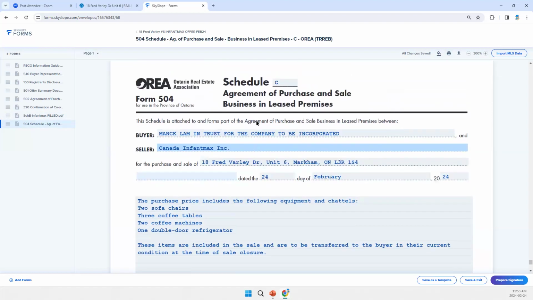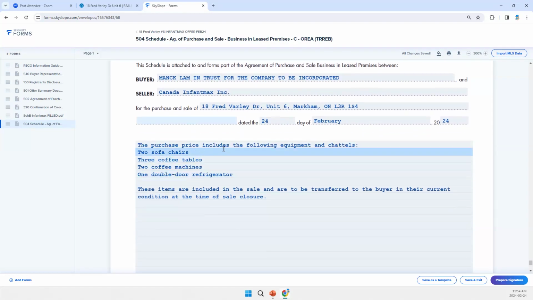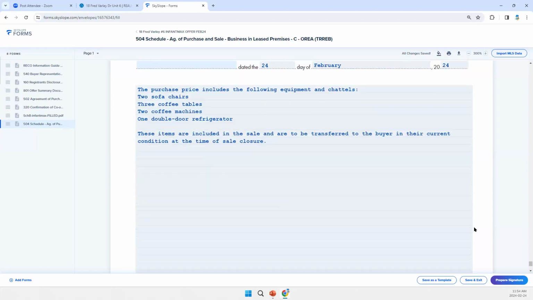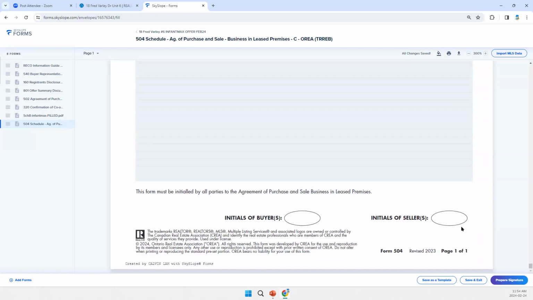This is what I mentioned about Schedule C. Okay, Schedule C, you fill out the same thing. The form is 504. You fill out this, and then you will say the purchase price includes the following equipment items, right? 2 sofas, 3 coffee tables, 3 coffee machines, 1 door refrigerator, something like that. And these items included in the sale are to be transferred to the buyer in the current condition at the time of sale closure. Okay, so that's perfect.